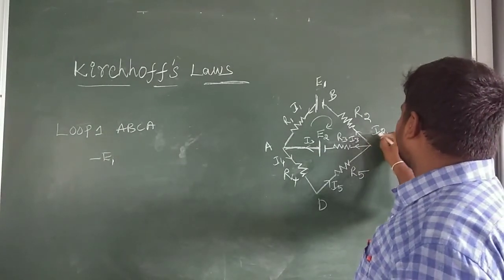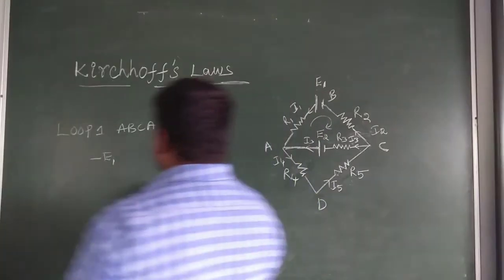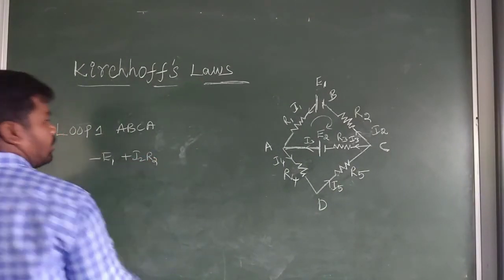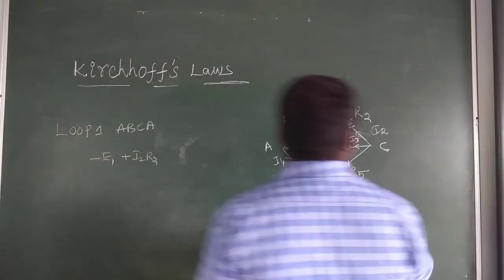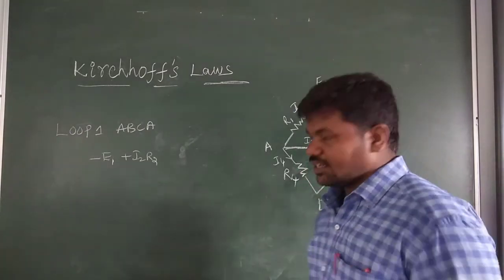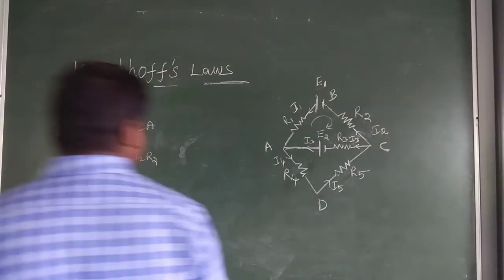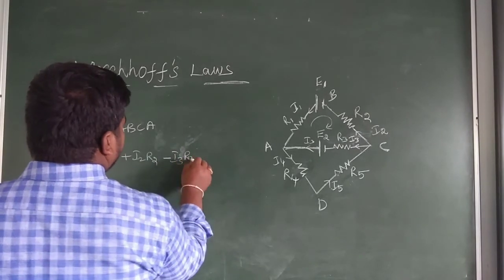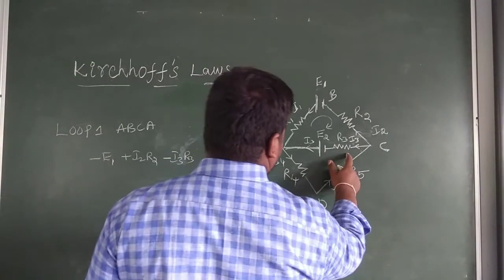That's why we have to take plus I2 R2. Okay, and here we have R3 resistor and I3 current in the same direction. In the same direction means we get the negative, minus I3 R3.